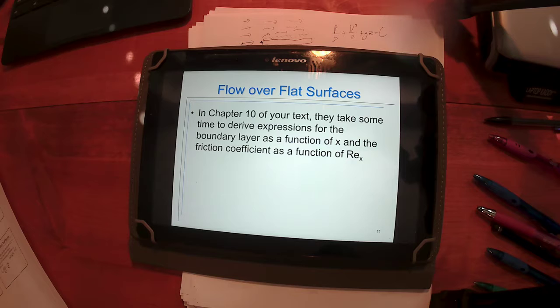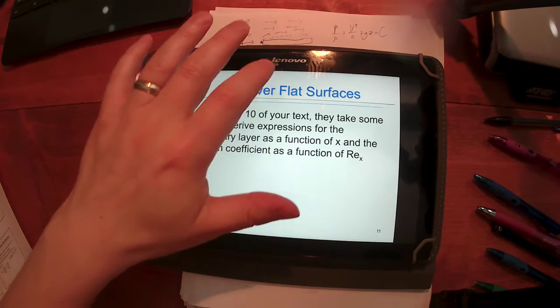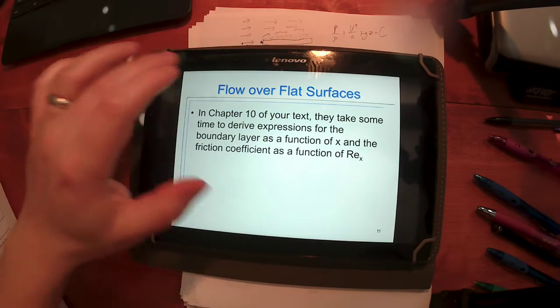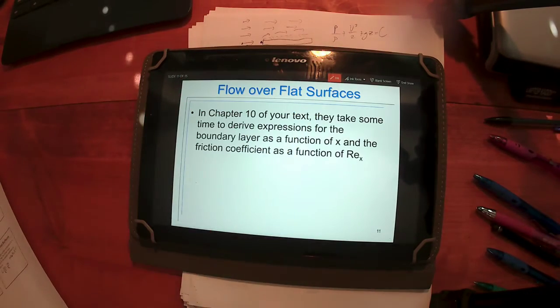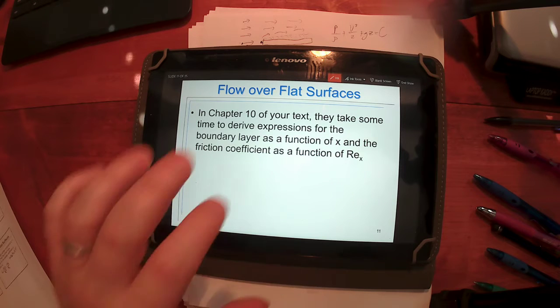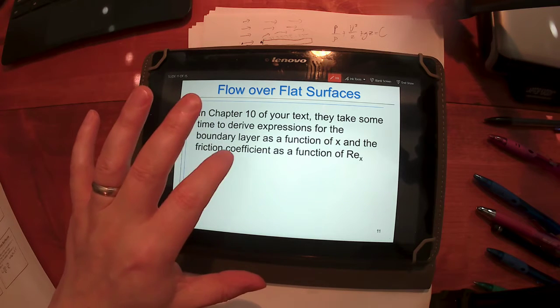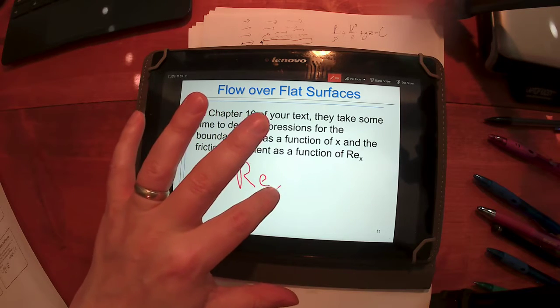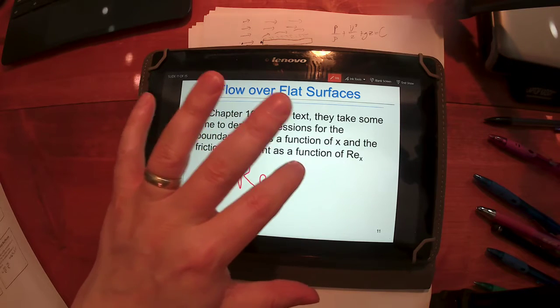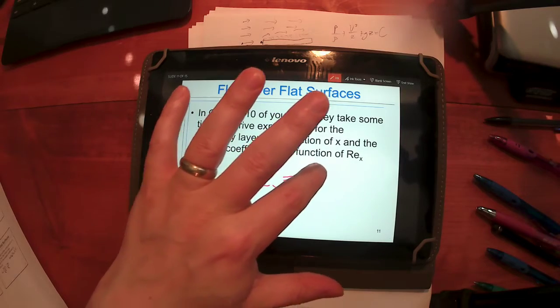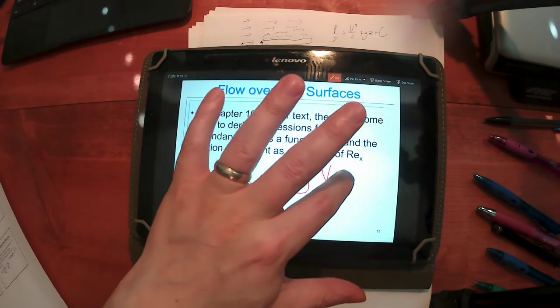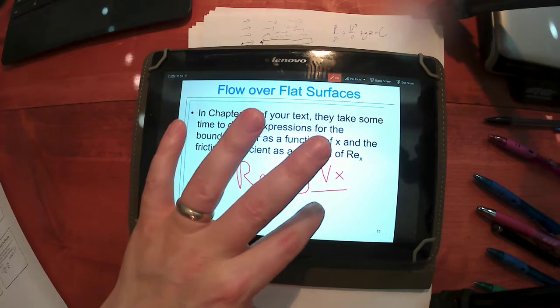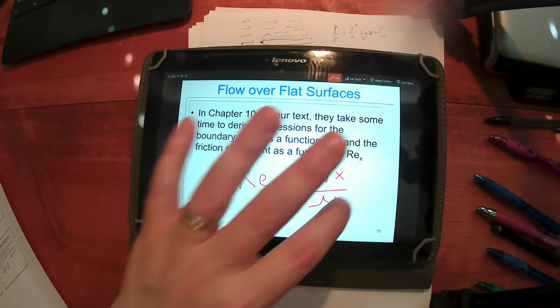In chapter 10, they derive expressions for the boundary layer as functions of the Reynolds number, where the Reynolds number Re_x is equal to rho V x over mu.